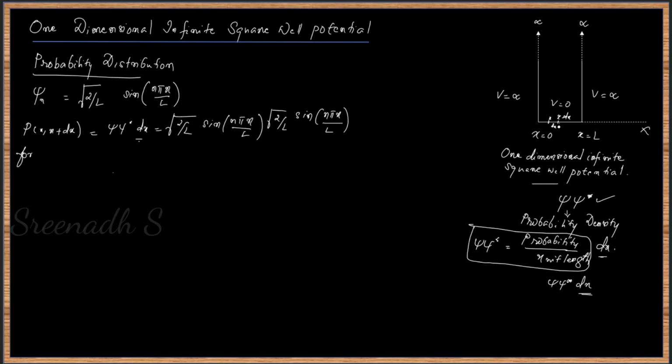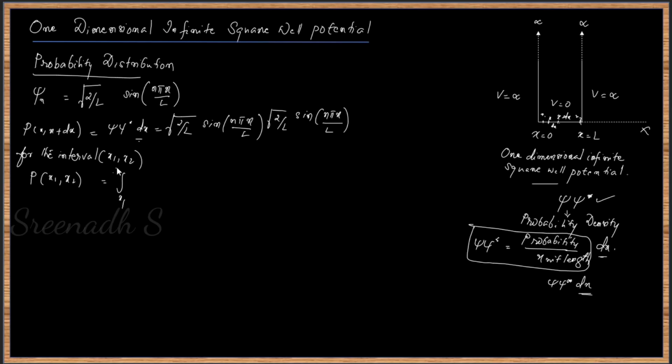For example, for the interval, we consider just two points x1 and x2. Maybe x1 is here or x2 is here, like that. The probability between x1 and x2 is equal to the integral from x1 to x2.